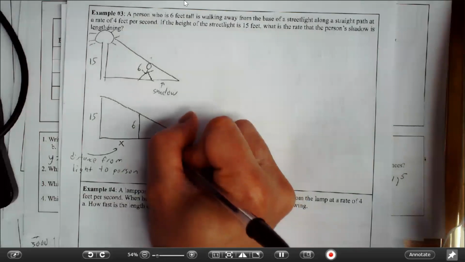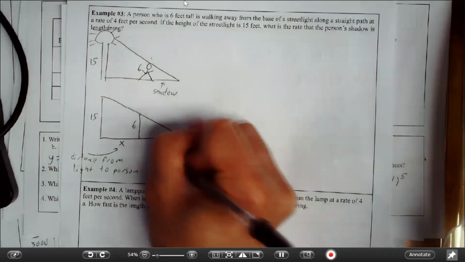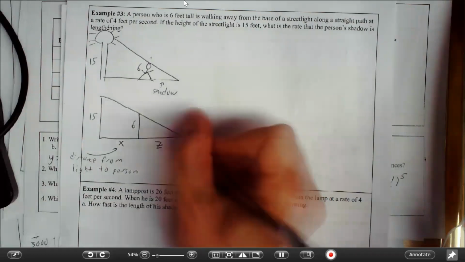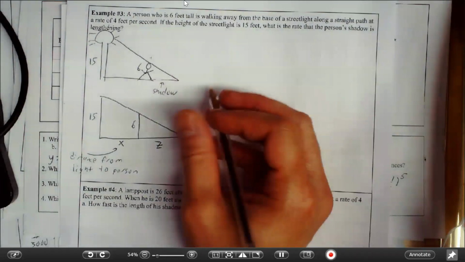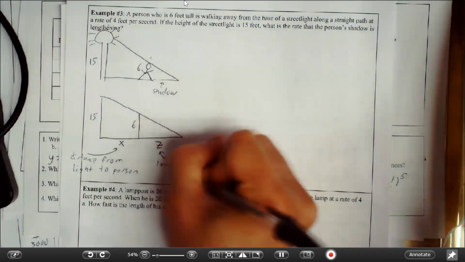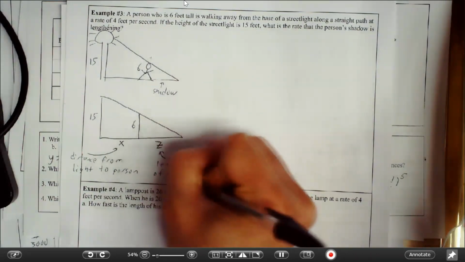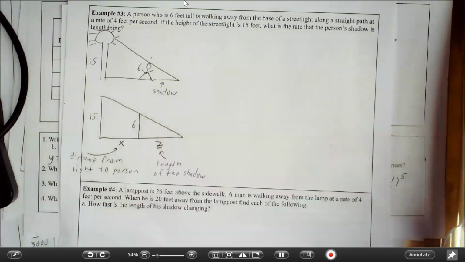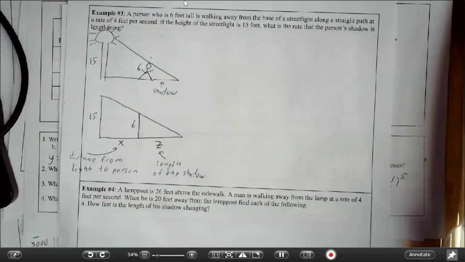And then now I'll call this a different variable. I'll call it z. I'm not going to call it y because y is usually a vertical thing. So z is the length of the shadow. Now, what we're going to do is we could write a proportion here.